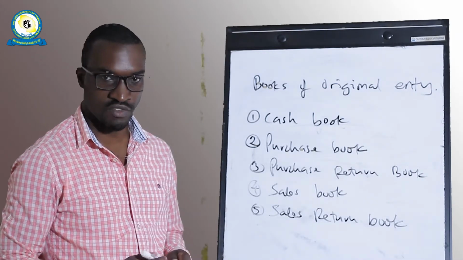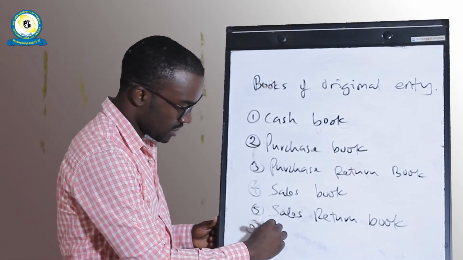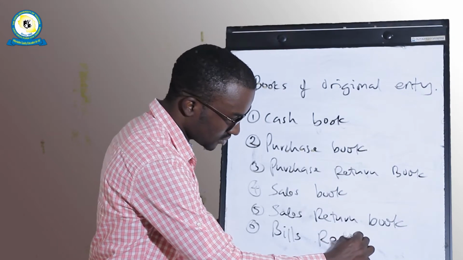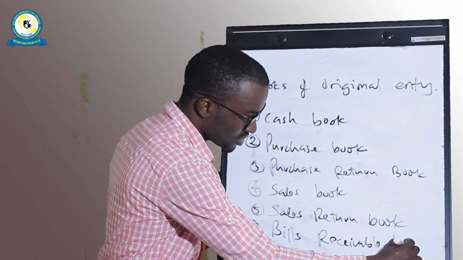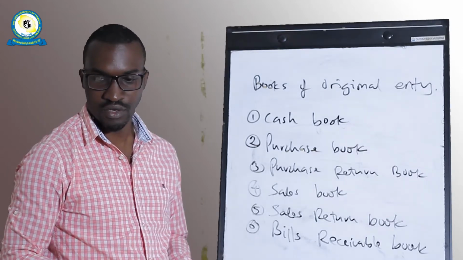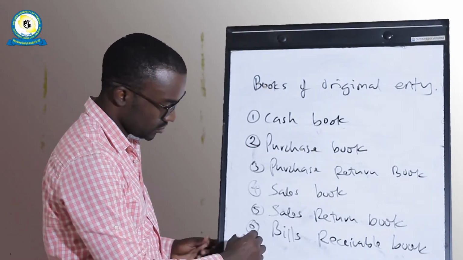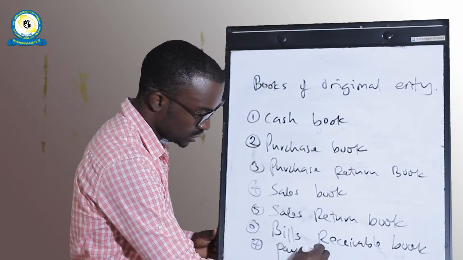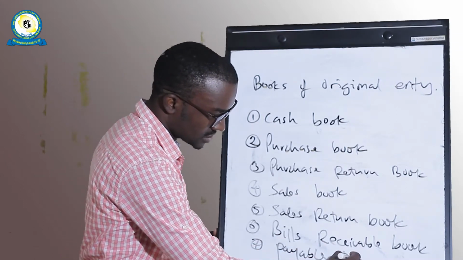And we also have a number of others. For example, the bills receivable book. If you're going to have a bills receivable book, then you might also have a payable book. That is the bills payable book. Let me shorten it by saying payable book.